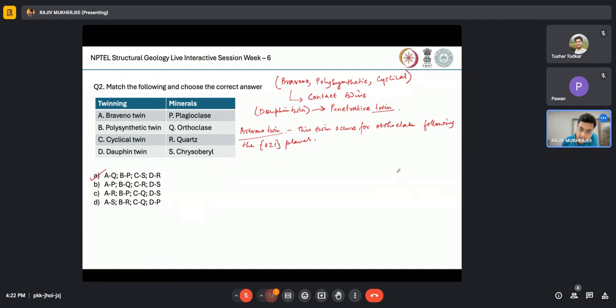And this Braveno twin is a planar surface that separates two compositionally different phases.